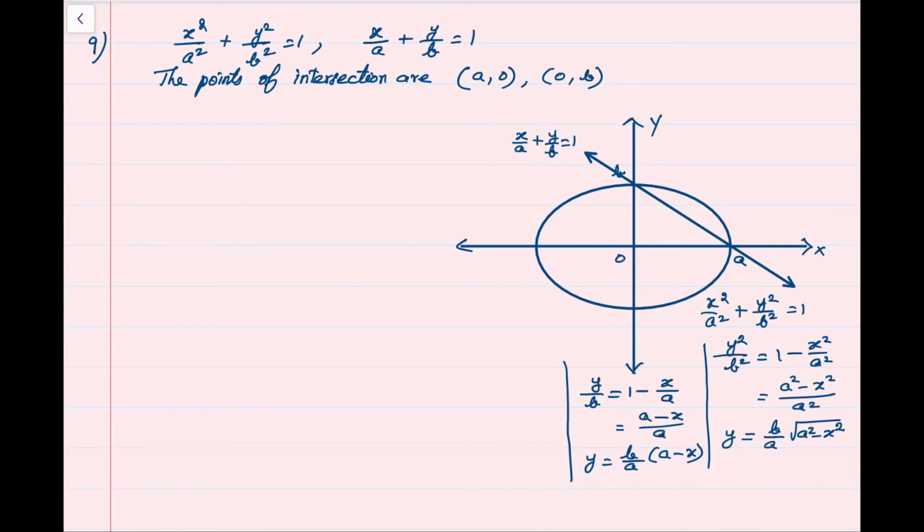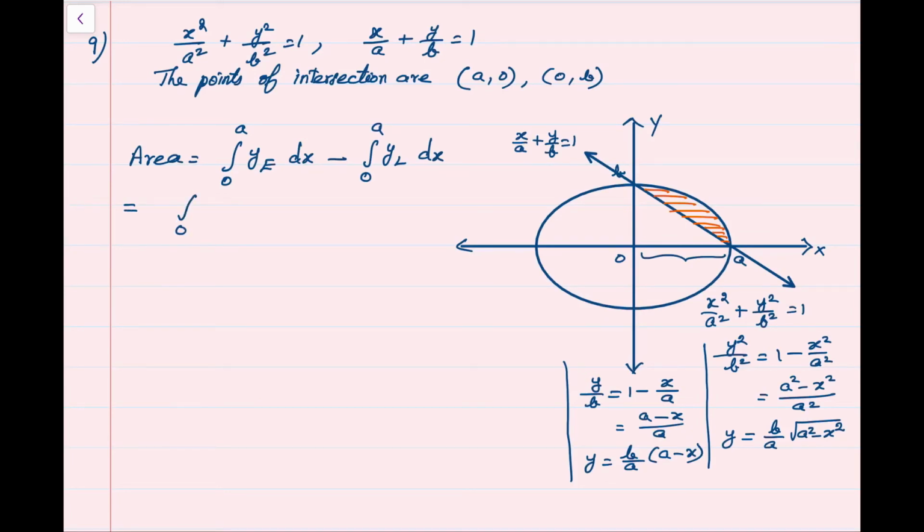We will now shade the region. Smaller region bounded by the ellipse and the line. The area between two curves, we will do upper curve minus lower curve. Therefore, area is equal to, we will do with respect to x variable. The limits are 0 to a, integral 0 to a y of ellipse dx minus integral 0 to a y of line dx.